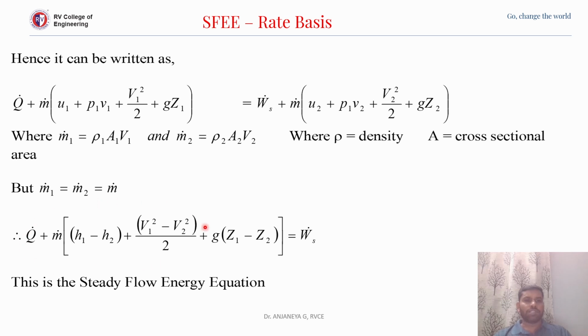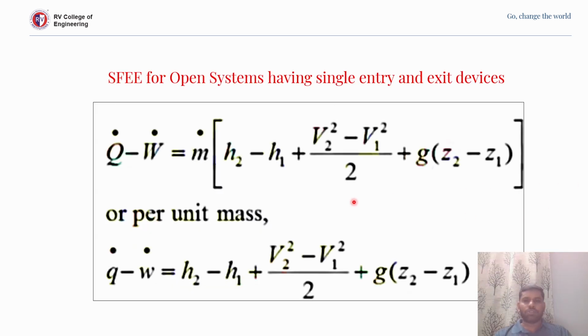So this equation is generally called steady flow energy equation for single inlet and single outlet. Students are advised to remember this equation in terms of rate form or in terms of kilojoules per kg as shown in the figure.